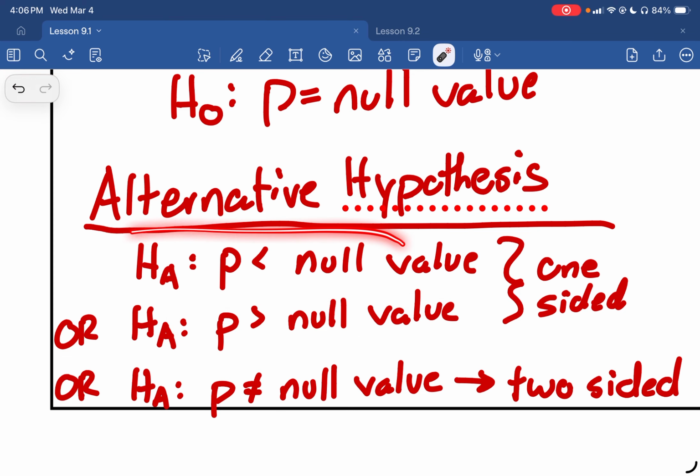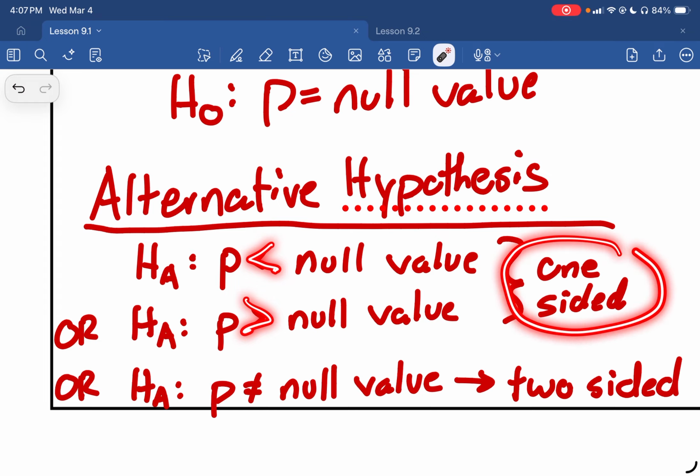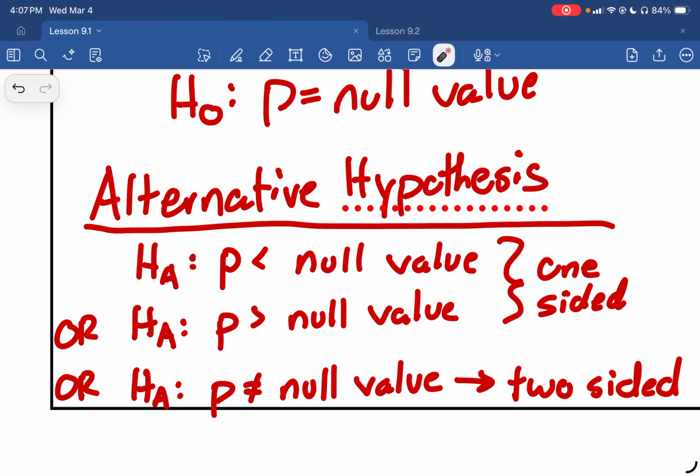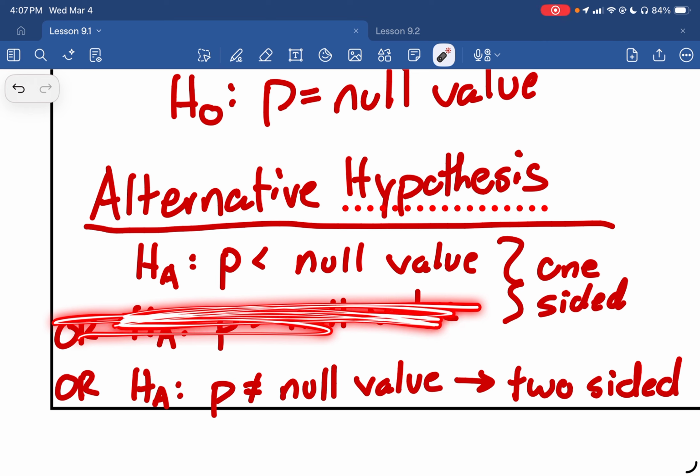You'll notice we used the less than here because I thought he was a less than 80 shooter. If you are strictly less than or strictly greater than, this is what we call a one-sided test. We're just looking at one side. We didn't care in this lesson if Mr. Gomez was better than 80. That wasn't my claim. My claim was less than.